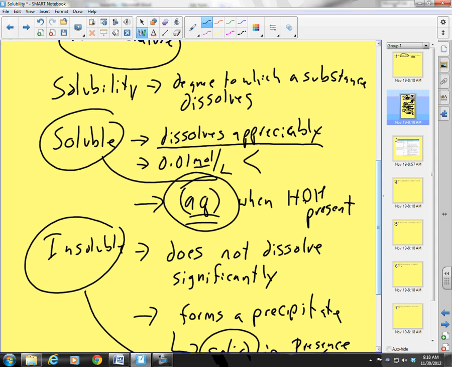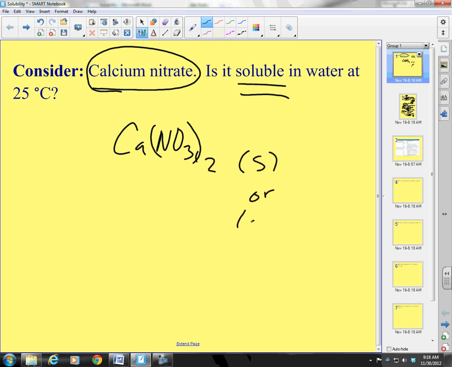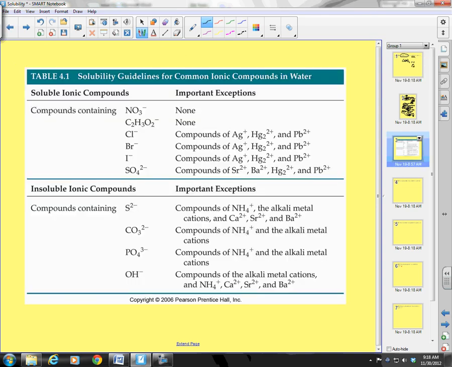Now, how do we know this stuff? Because our first question is calcium nitrate, Ca(NO3)2, in the presence of water, is that an S or is that an AQ? Well, we have a table, and this is a set of solubility guidelines.